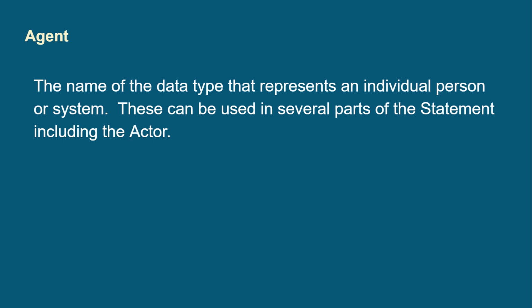It's not the person performing the action. It's not Jono completing History 101. It's Jono completing History 101 in Dr. So-and-so's class. And Dr. So-and-so is also an agent, and that's contextual information about the instructor of a statement. So agent is really just the data type of our users. And again, an actor is an agent.